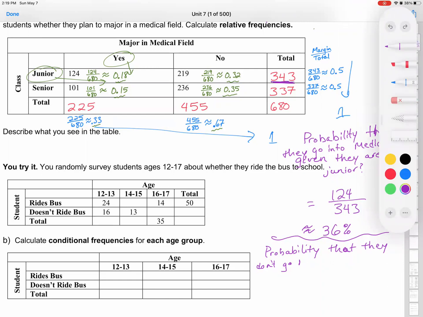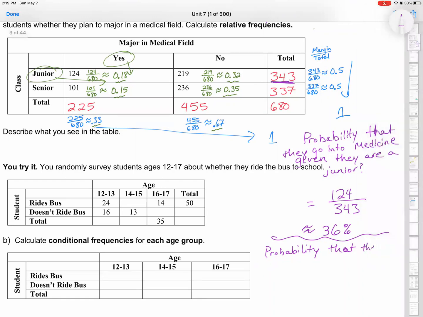Probability that they, that was supposed to be my given, I was thinking. Probability that they are a senior given that they don't go into the medical field.